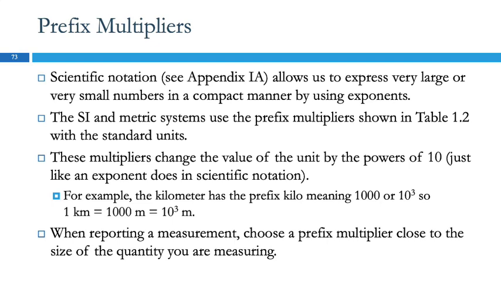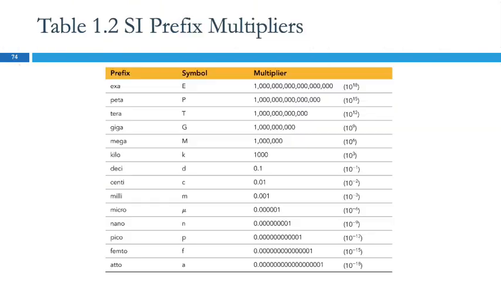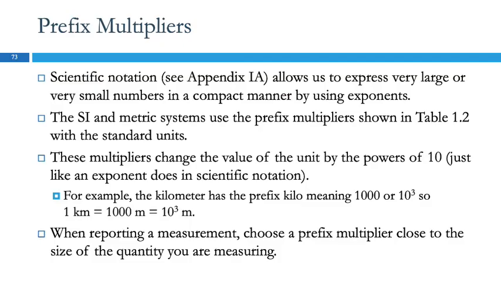So there are these prefix multipliers. For an example here, kilometer. So that's meter with the prefix kilo. So kilo stands for 10 to the third.